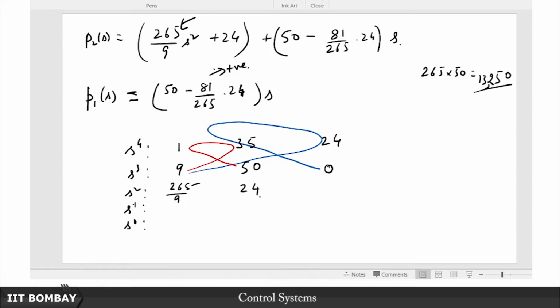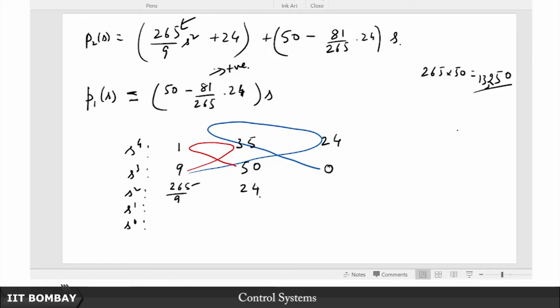Now you go to the next stage, and you see this is the ugly calculation that I was showing you here. This is 265 into 50 by 9 minus 9 into 24, divided by 265 by 9.